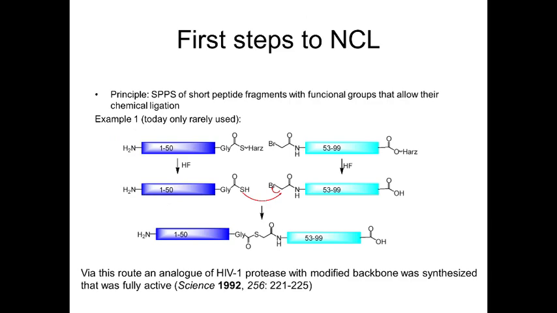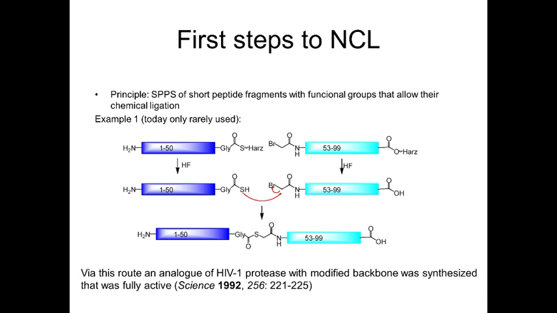Let's start with how native chemical ligation was developed. Before native chemical ligation technology was discovered, researchers tried to couple large peptide fragments together to form functional proteins.